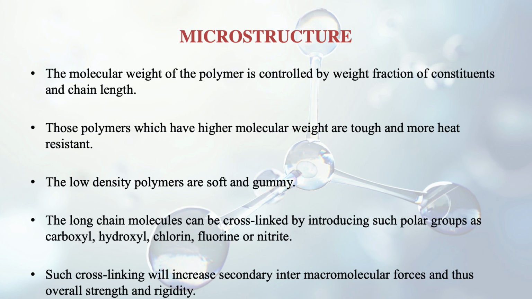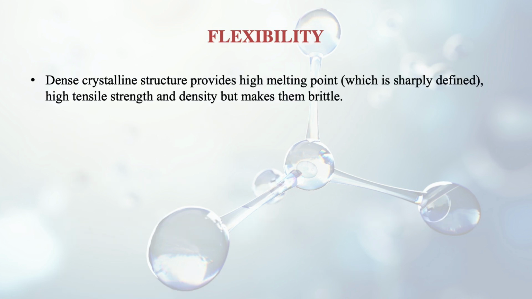Now we talk about the flexibility of these polymers. There are dense crystalline structures which provide a high melting point, very sharply defined in the case of polymers, and they have very high tensile strength and density. But with all these good properties, the dense crystalline structure makes it somewhat brittle also.